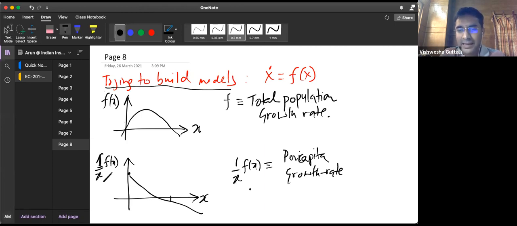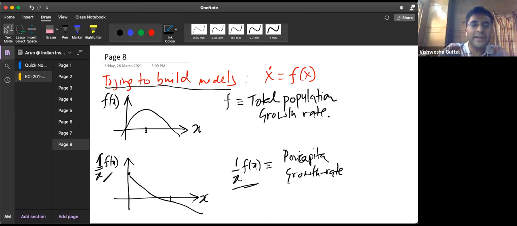Okay, so sometimes it turns out that writing or guessing the form of per capita growth rate is easier, but in some other cases this will be easier. So whenever I ask you, I will give you a new scenario. Okay, consider a population with this new biological process. Now write down a model.